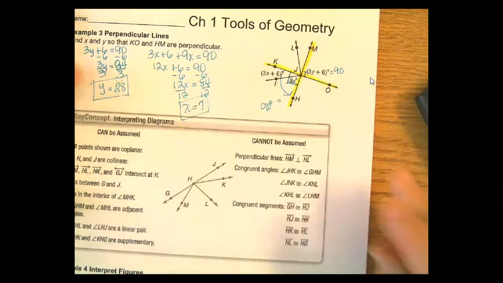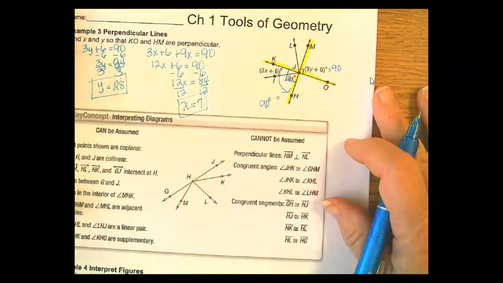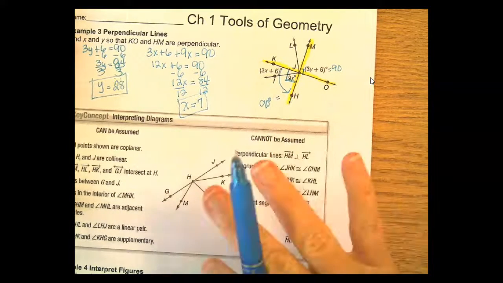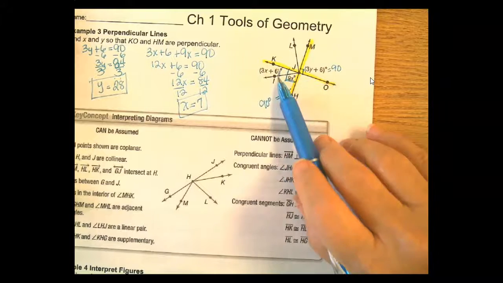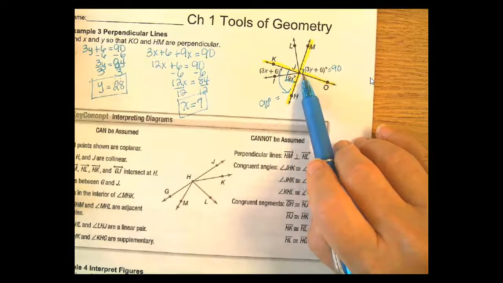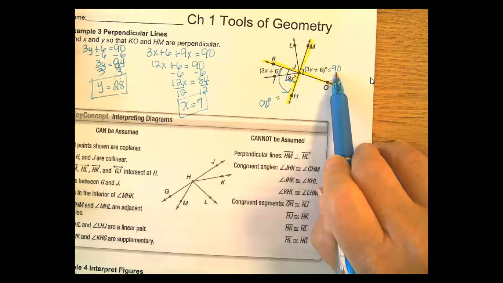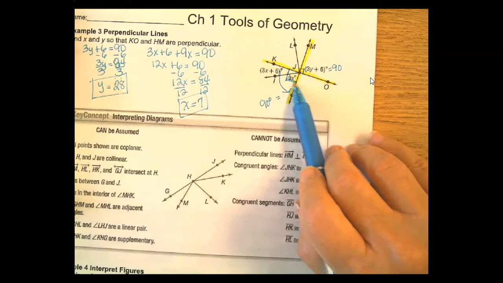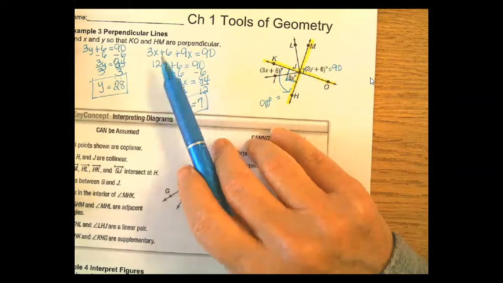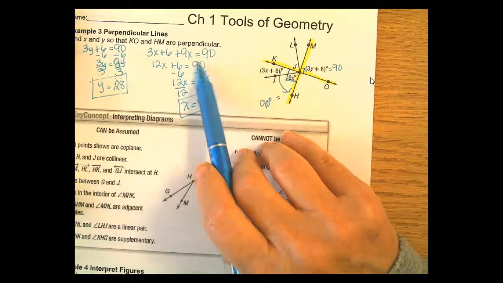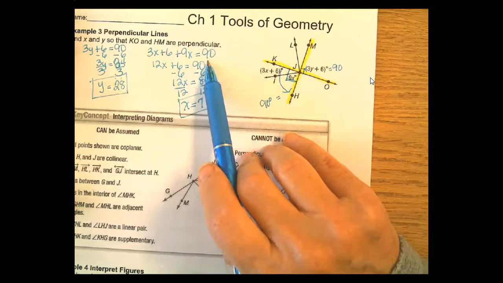There we go. This is almost like the game of Clue. In geometry, they're going to give you a bunch of clues like this, and you're going to have to use your knowledge of geometry to say, hey, that's a right angle, therefore this is going to equal 90. Hey, these two together are going to equal 90, so I set them together equals 90. Those are the clues they're going to give you, and you're going to have to get really good at that.